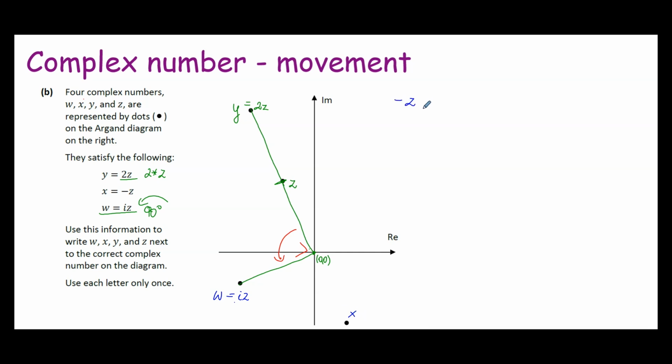So let's think about a specific example. Let's say, I'm just making this up, that this value here is 3 and this value here is 1. So let's say the original complex number is 1 plus 3i. Now, minus in front of it means if I took my complex number and multiplied by minus 1, I'm going to get minus 1 minus 3i.